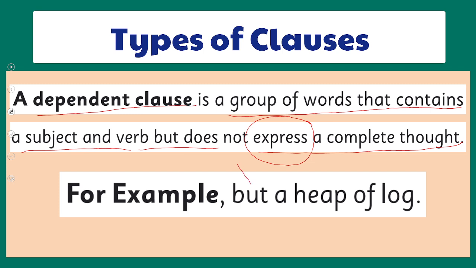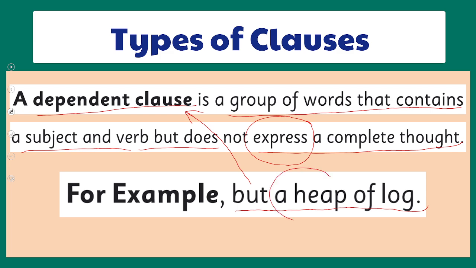These clauses which cannot express the complete meaning by themselves independently are considered dependent clauses, and most of the time they attach with an independent clause and make a compound sentence or a complex sentence.